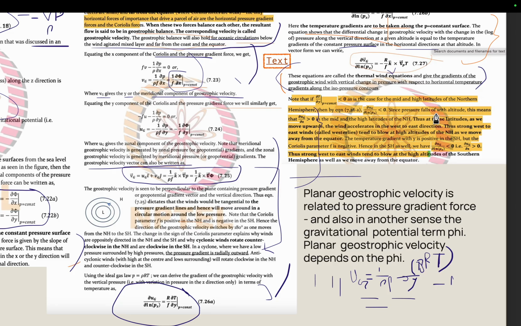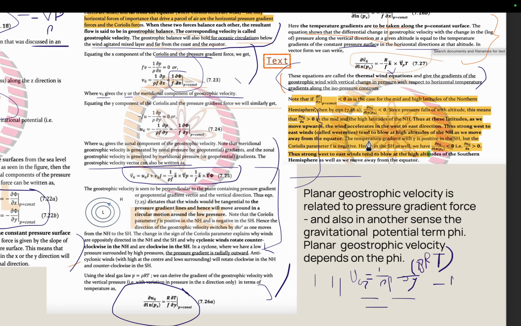Since the pressure falls with altitude, this means that del ug del z is greater than 0 in the mid and high latitudes of the northern hemisphere. Thus, at these latitudes, as we move upward, the wind accelerates from west to east. Thus, strong west to east winds flow. These are known as the westerlies at the high altitudes of the northern hemisphere.